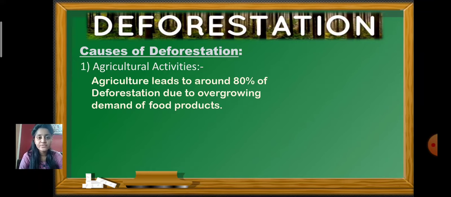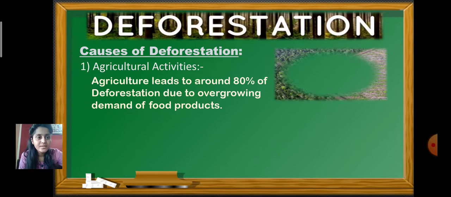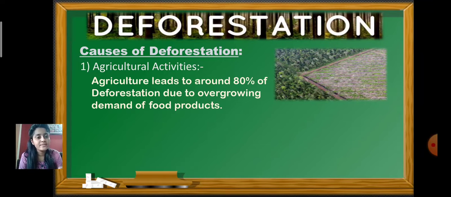From where do we get the food? From the farms. If there is no space for farmers to cultivate their crops, how will we get the food? Because of this problem, they cut many of the trees for a wider area. So it causes deforestation. See how the area is cleared for agriculture.